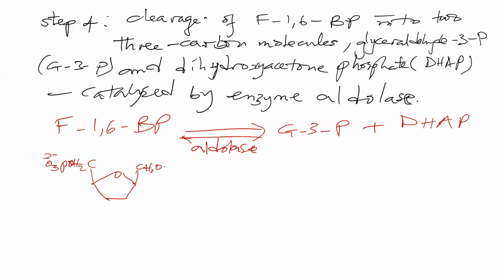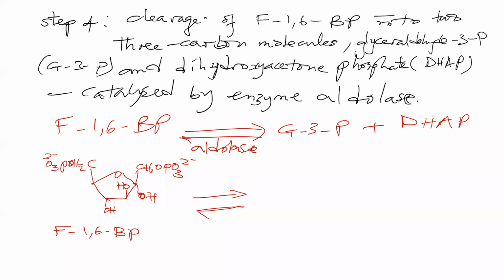CH2OPO3, 2 minus. Then we can substitute OH, OH, down and OH. So that is fructose 1,6-bisphosphate.